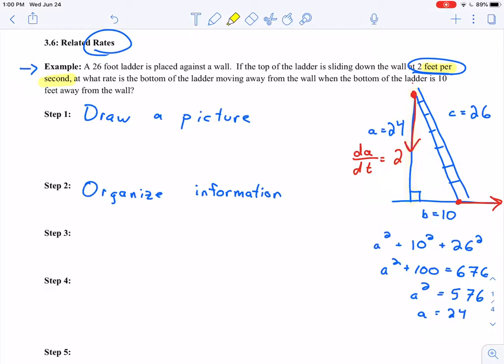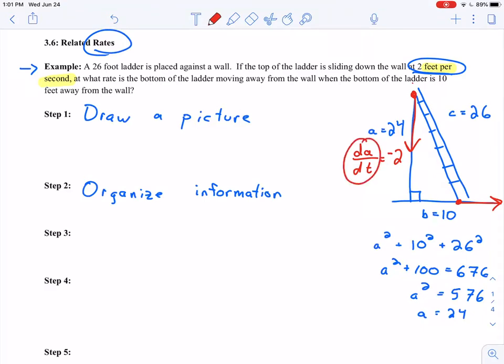As time moves on, it should be getting shorter, right? The new triangle that I have has a shorter side. So the length of that side is decreasing, which means that the derivative should be negative.